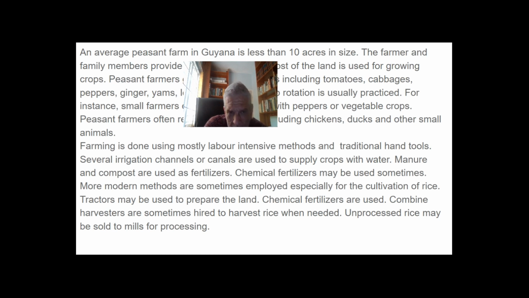Several irrigation channels or canals are used to supply crops with water. Manure and compost are used as fertilizers, so we don't use chemical fertilizers that often. Chemical fertilizers may be used sometimes, on occasion, and modern methods are sometimes employed, especially for the cultivation of rice.